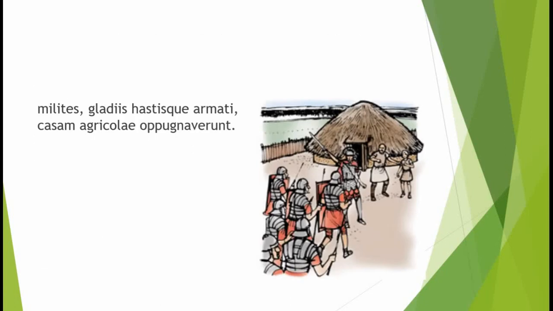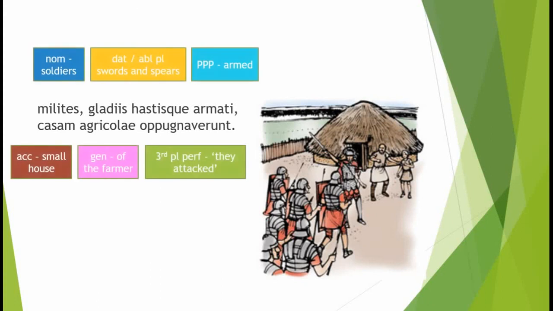So, let's get down to business. We're not defeating the Huns, but we are going to start encountering an ablative here. Milites gladiis hastisque armati casam agricolae oppugnaverunt. I have taken this opportunity to pre-parse this sentence for you.